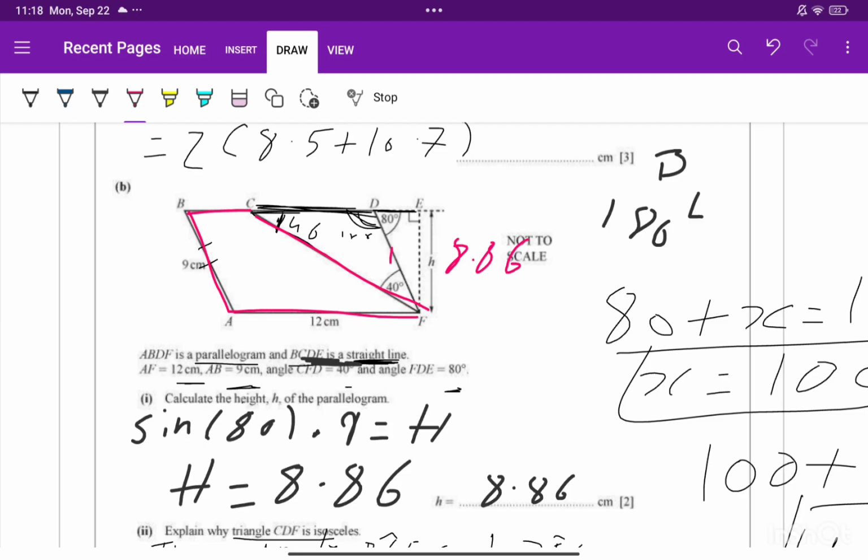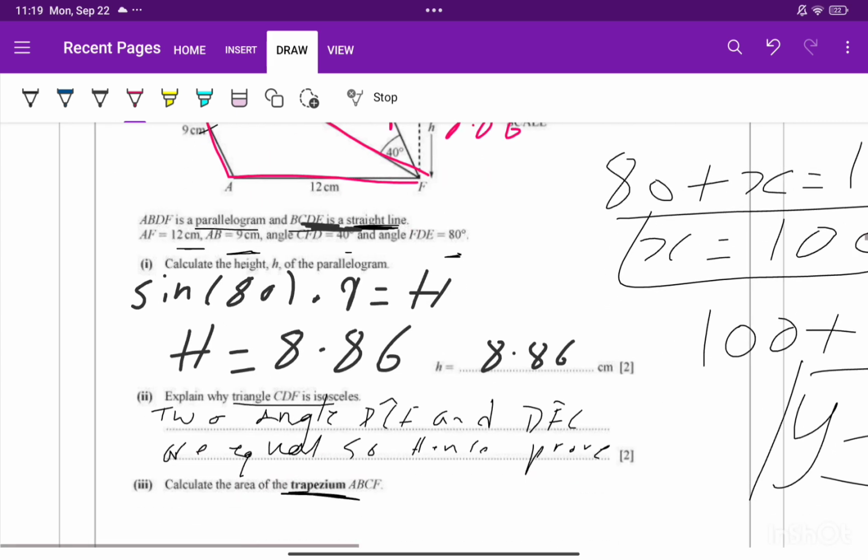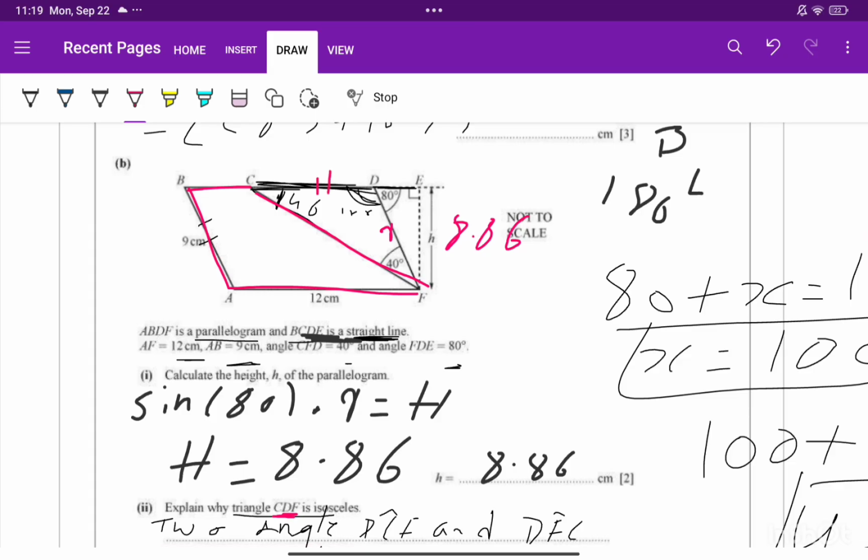Okay, this was 9. As we know that triangle CDF is isosceles, these both lengths will be equal, and DF is equal to 9, so CD will also be equal to 9. And AF is 12, so BD will be equal to 12.